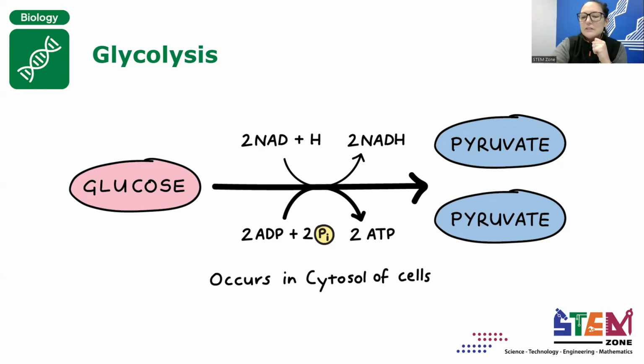In the cytosol of the cell, you've got glucose split. What you get from that reaction is 2 pyruvate, but you also get the creation of 2 net ATP molecules, so energy there, and you get a bit of NADH formed as well. The BCAA says it's really important that you understand how many ATP molecules are made at each stage, because that is the ultimate goal of this reaction.